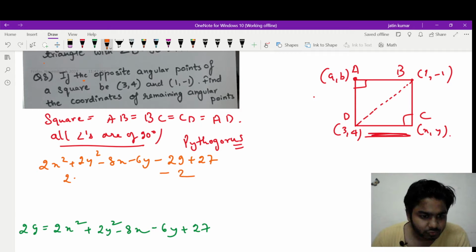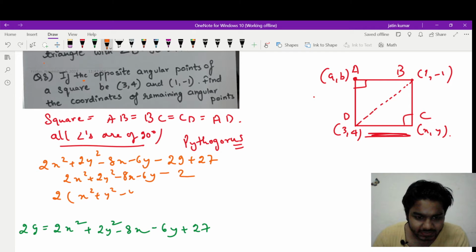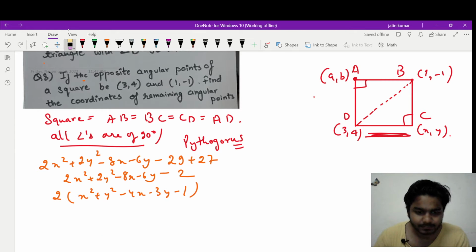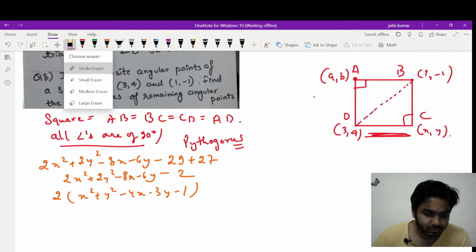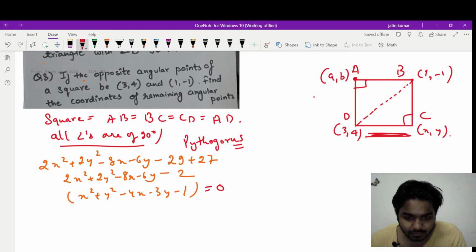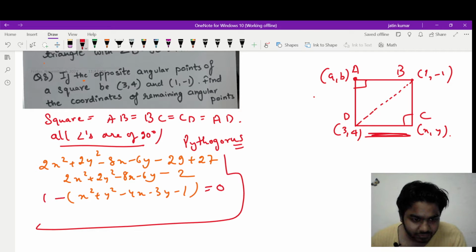So 2x square plus 2y square minus 8x minus 6y minus 2, and let's take 2 common, so we are left with 2 times (x square plus y square minus 4x minus 3y minus 1). So this is the first equation, and 2 will go to the right hand side, which is equal to 0. So we have got the first equation.